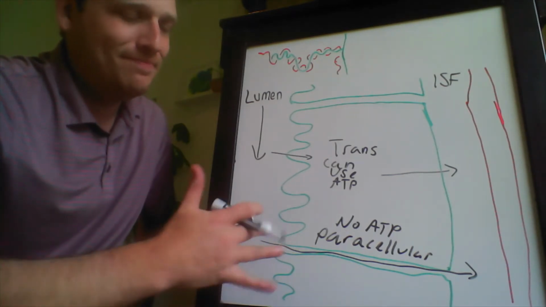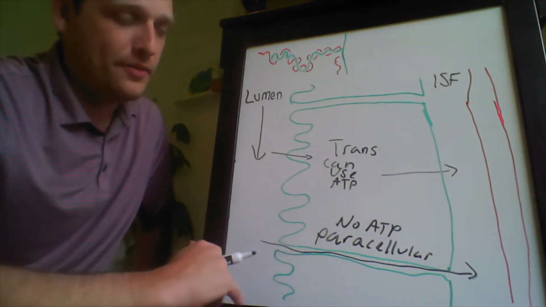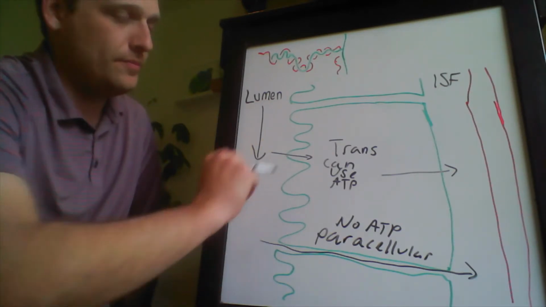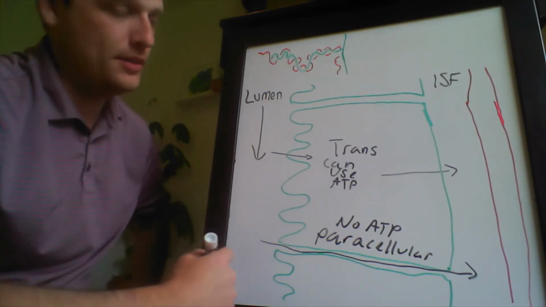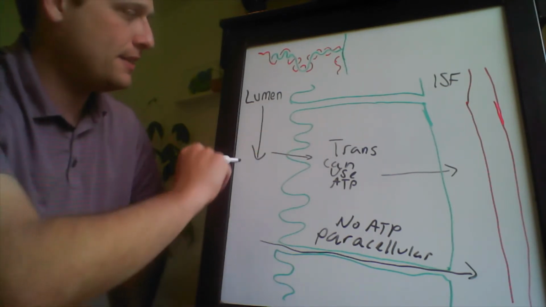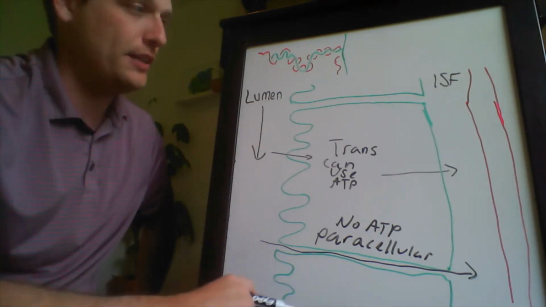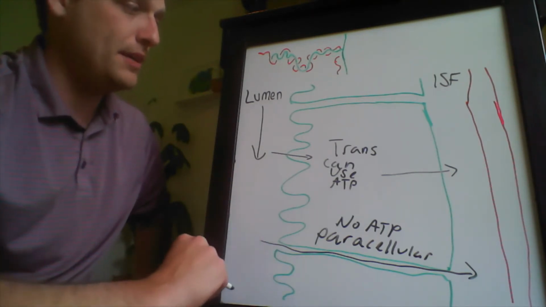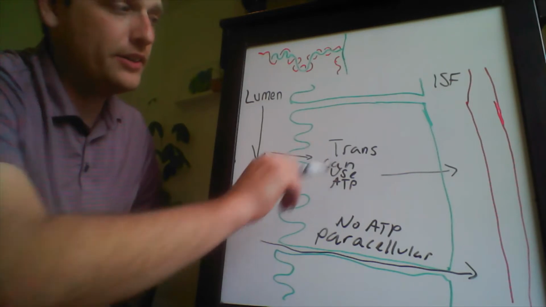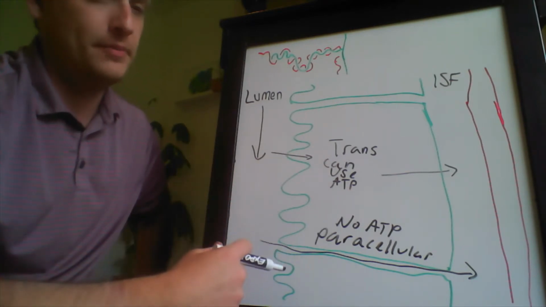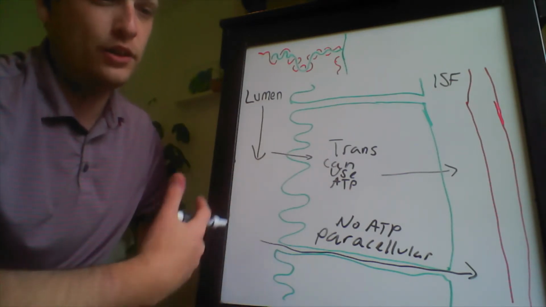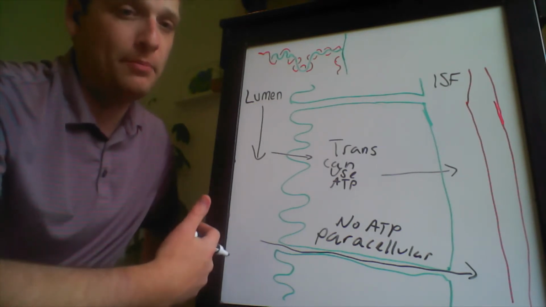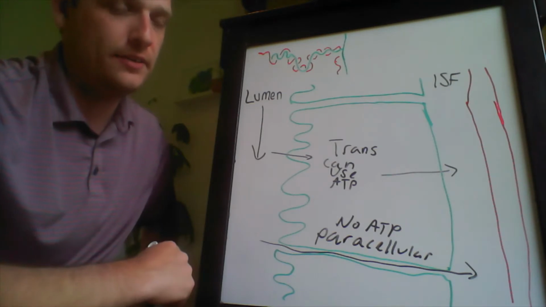About a fifth to a quarter of the ATP in the body is directly used in these transport pumps to pump things out of the filtrate and reabsorb certain substances using ATP. So transcellular transport is going to get some of your bigger things like glucose, amino acids, and also things that require pumping against their concentration gradient.